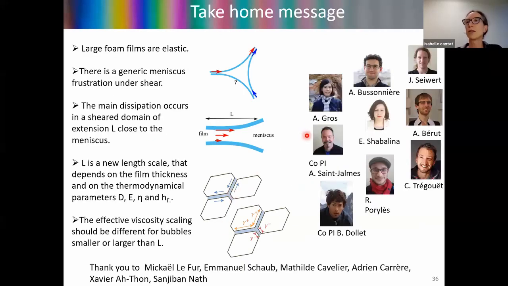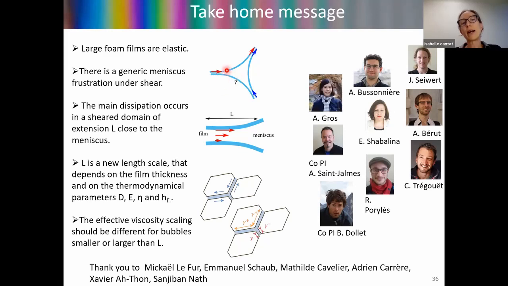So now the take-home message to conclude is, first, that foam films are elastic with no role of the interfacial viscosity. Second, there is a generic frustration at the meniscus, simply because if one interface slides over the meniscus this way and its neighbor this way, in order to avoid any shear at this point, then you don't know what to do with the third interface.